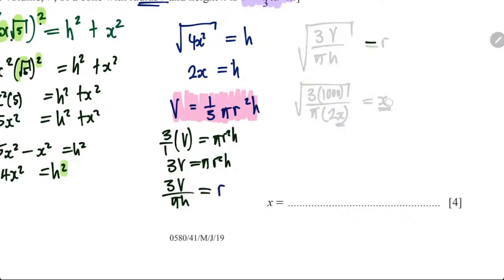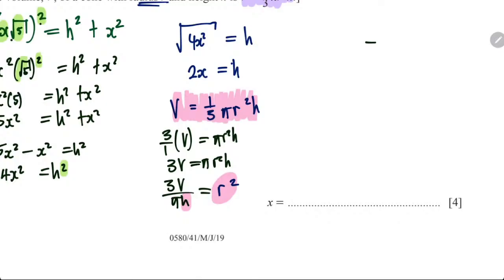When we have it as r squared like this, what we'll do is change this h and the r, the radius, to be in terms of x. We would have 3v equal to pi times r, the radius.